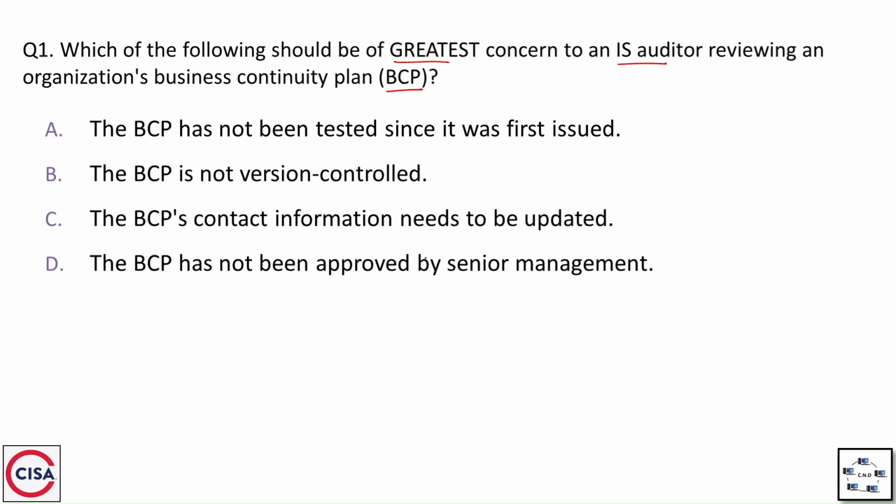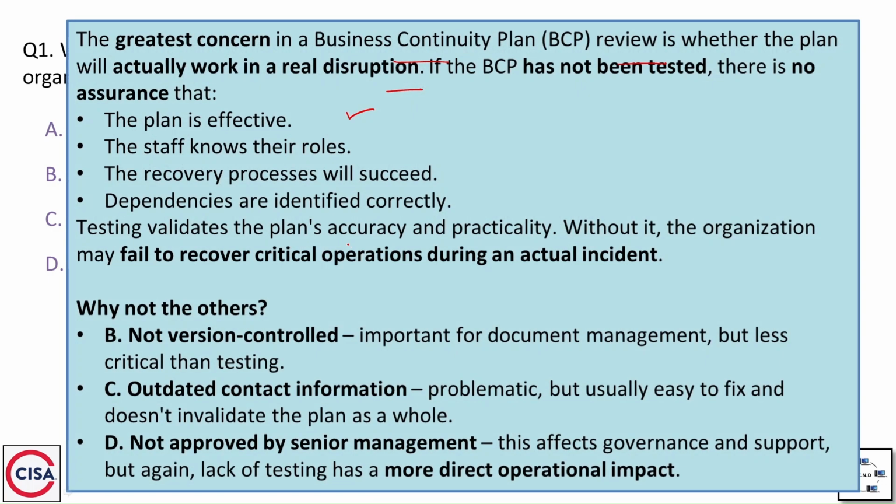And the correct option is option A, the BCP has not been tested since it was first issued. And the explanation for the correct and the incorrect options is: the greatest concern in a business continuity plan review is whether the plan will actually work in a real disruption.